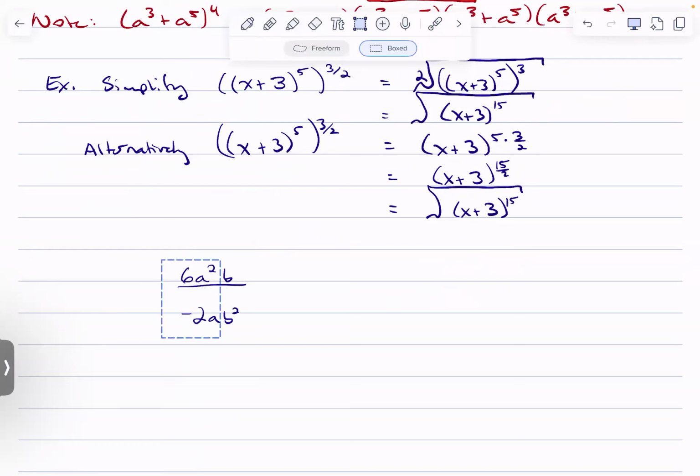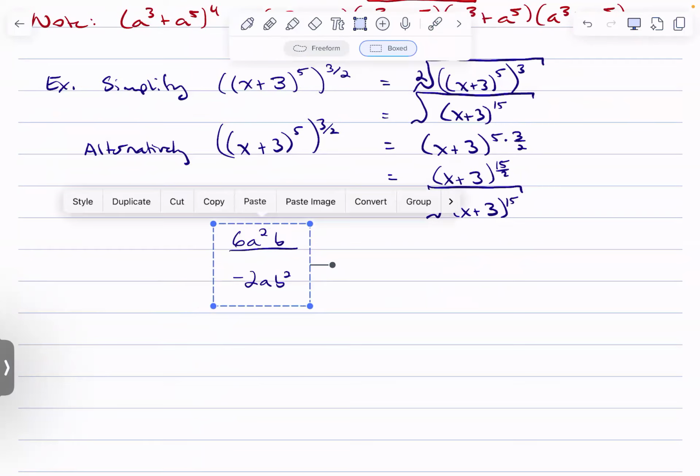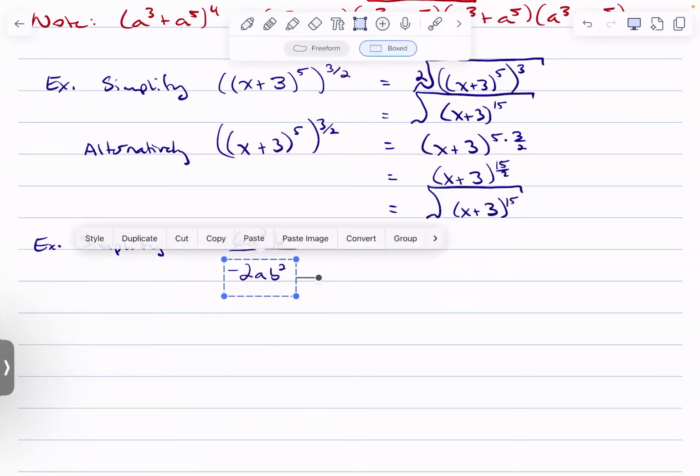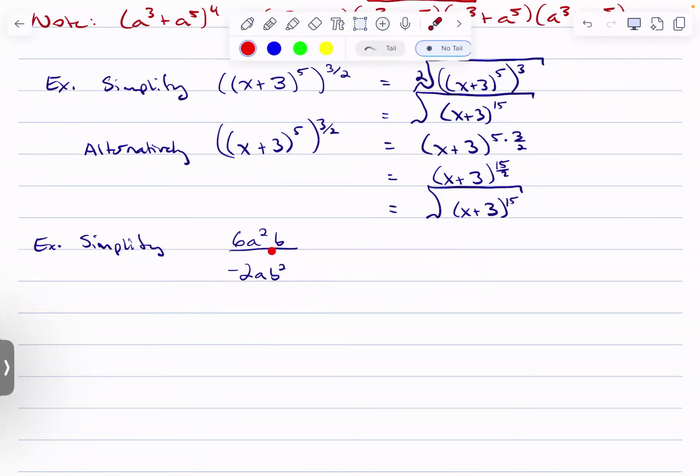And then finally, we want to simplify. So I had different lines before: 6a squared times b divided by negative 2ab squared.